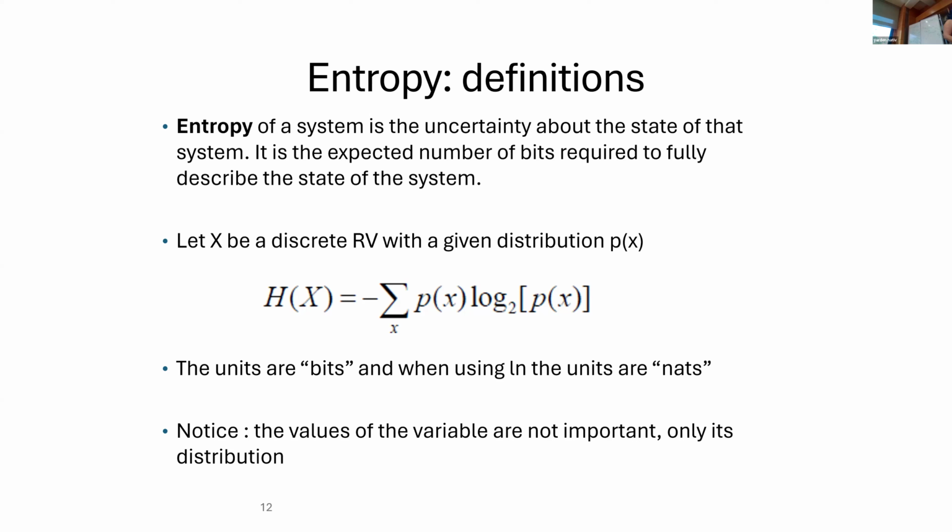So the entropy of system X is minus the sum over all possible states of this system of the probabilities multiplied by log base 2 of these probabilities.